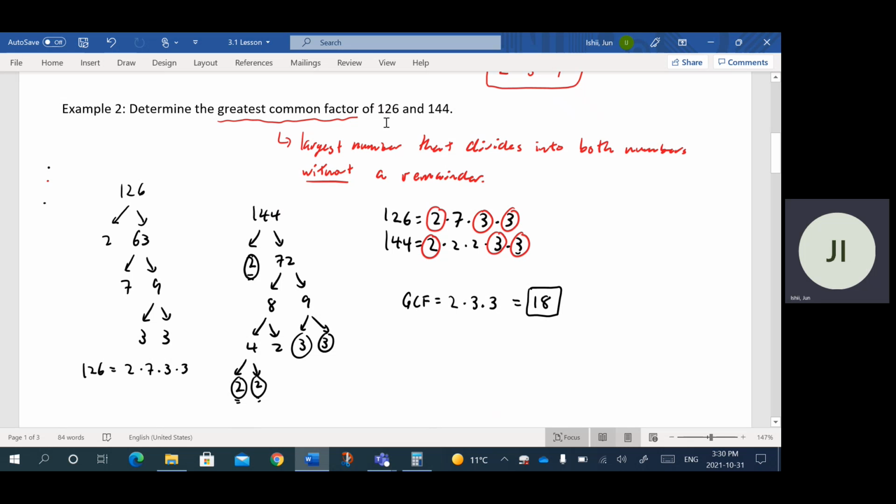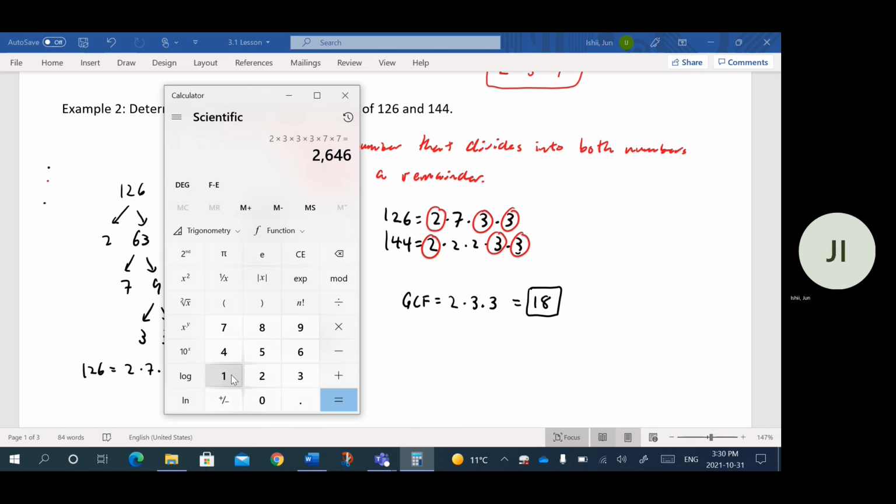So 18 divides into 126, and 18 also divides into 144. So 126 divided by 18 is 7. 144 divided by 18 is 8. Okay, so 18 does divide into both of these.